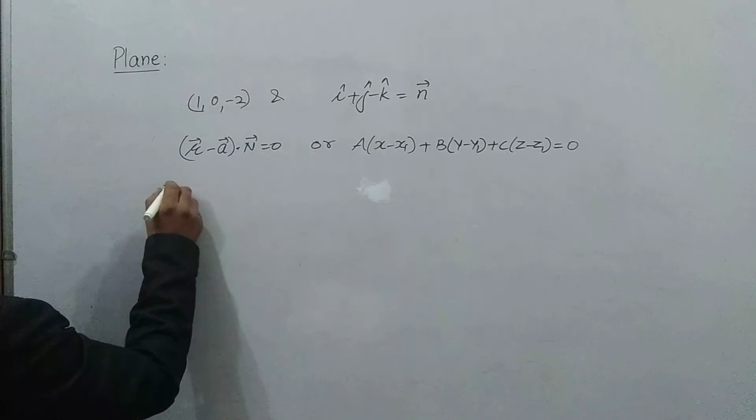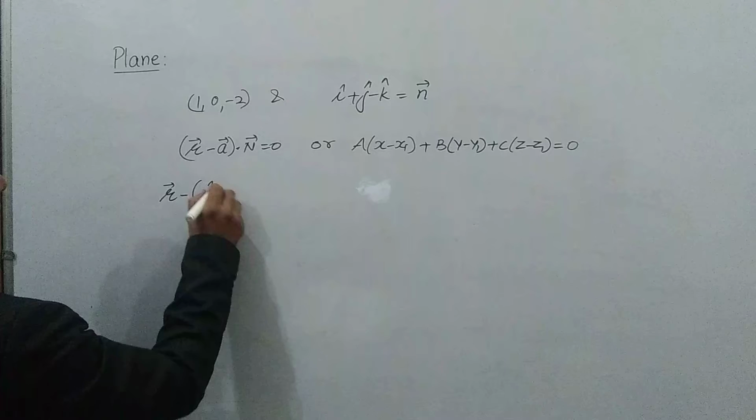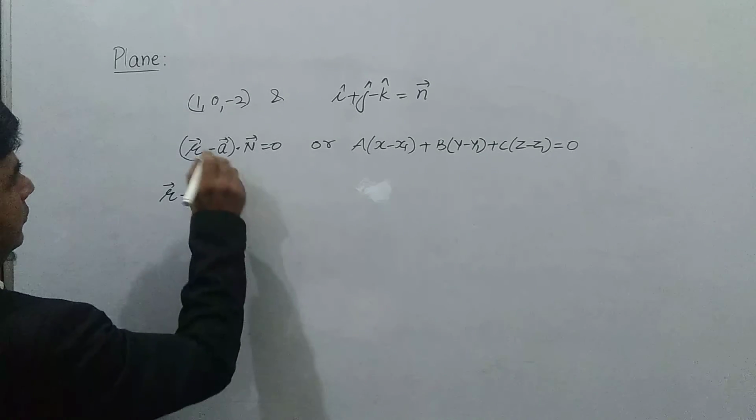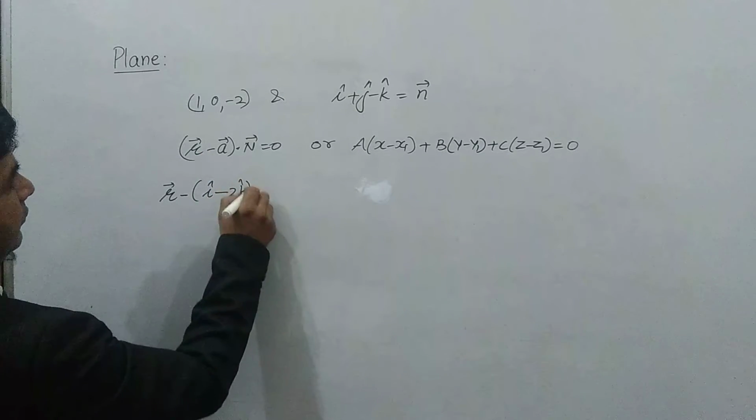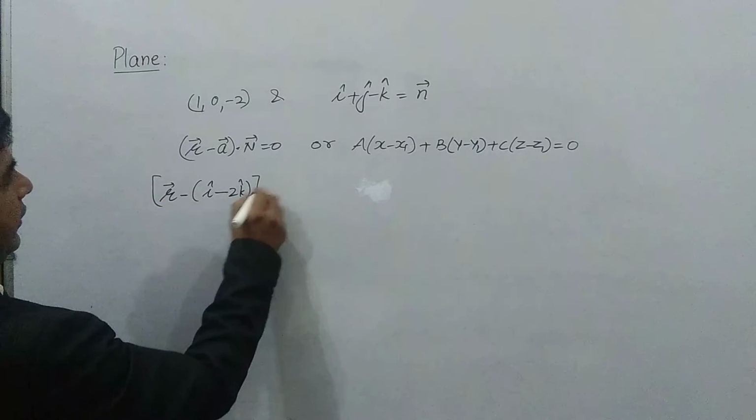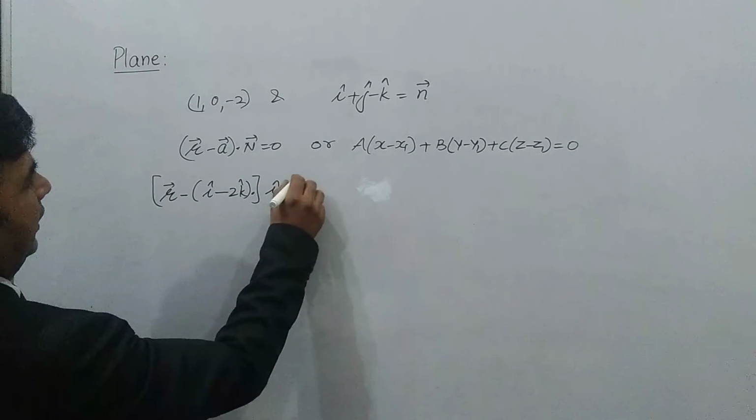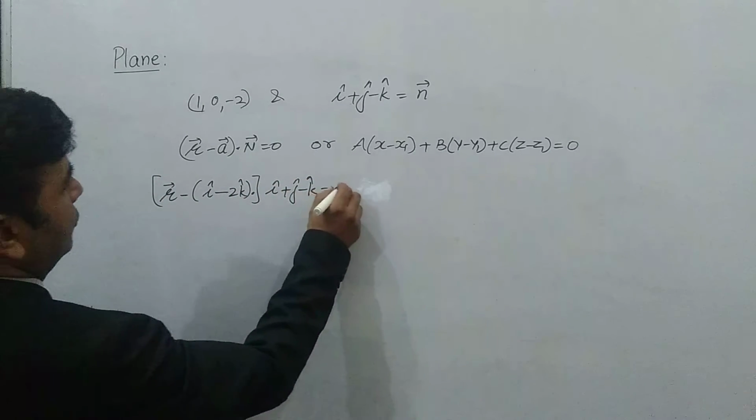So this is (vector r - i cap + 2k cap) dot (i cap + j cap - k cap) = 0.